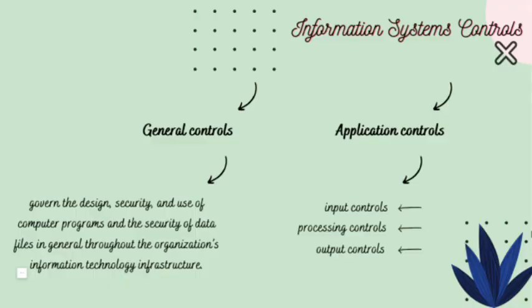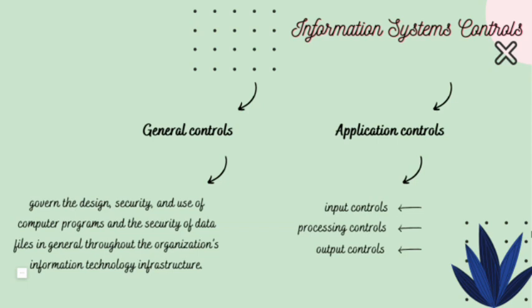First, let's look into the first topic, which is information system controls. Information system controls are both manual and automated and consist of general and application controls. There are two subtopics in this topic, the first being general controls.